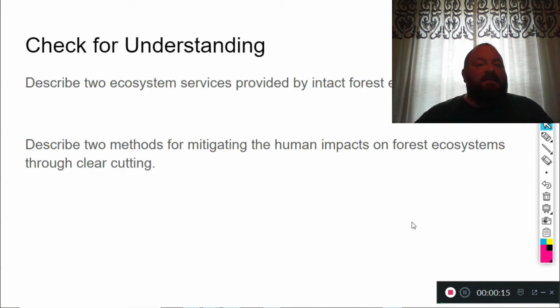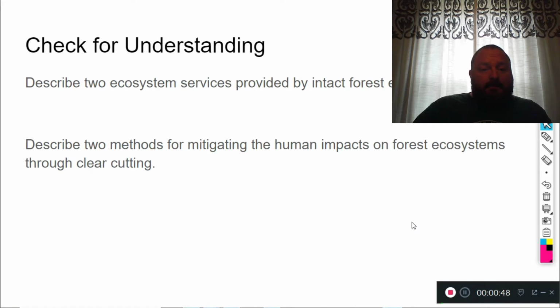Any of those services can be used, whether it's the aesthetic beauty of the forest offering enjoyment to people, tourism of people coming to those national forests to see the scenery, tourism for the rainforest ecosystems, oxygen production and CO2 absorption, and all those things we talked about at the beginning. So as long as you're describing them, listing what it is and then giving some elaboration on it, you're answering the what part of the how, what, and why.